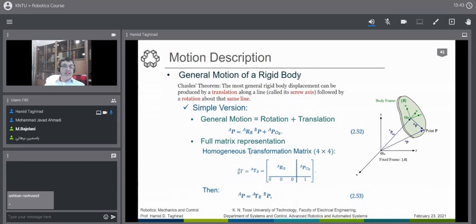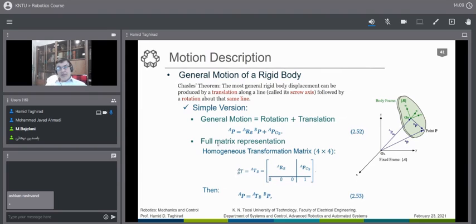We have already defined that, followed by a rotation about the same line. So there is an intuition in it that the same line that we introduced as the line of rotation can be considered as the line along which the translation is applied.